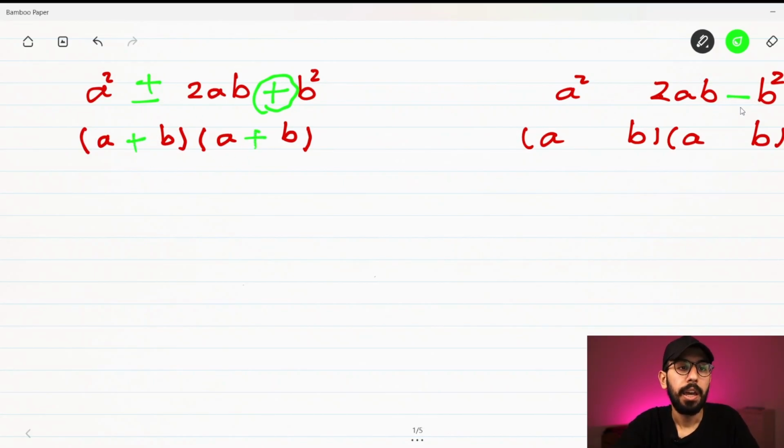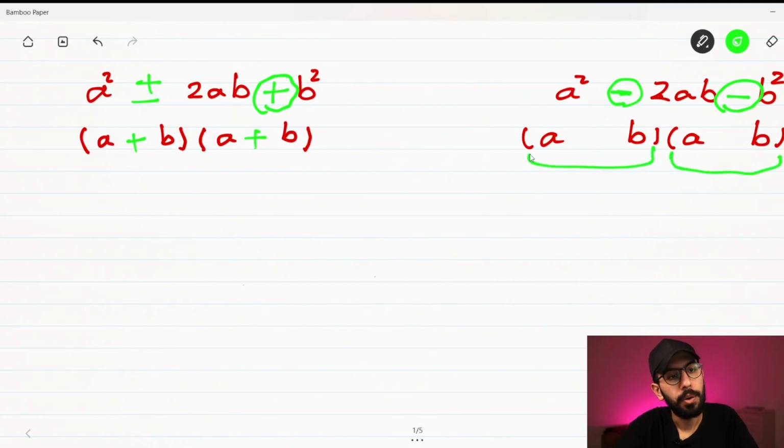But if the last number or variable has a minus, that means the two brackets will have different signs. But which one will have which sign? Then we need to look at the first sign. If it is minus, then the bracket which has a bigger number than the other will take this minus.